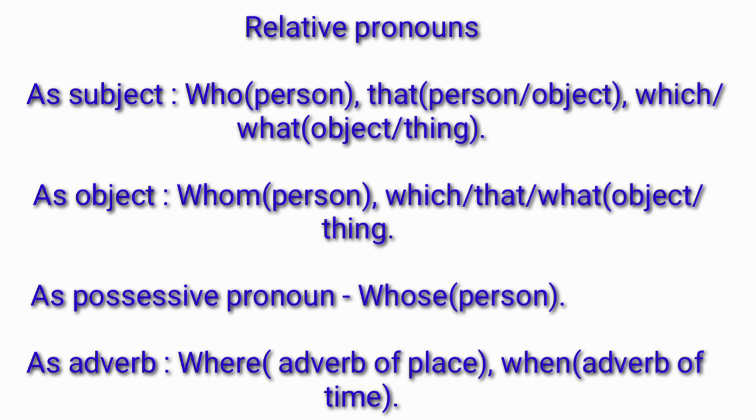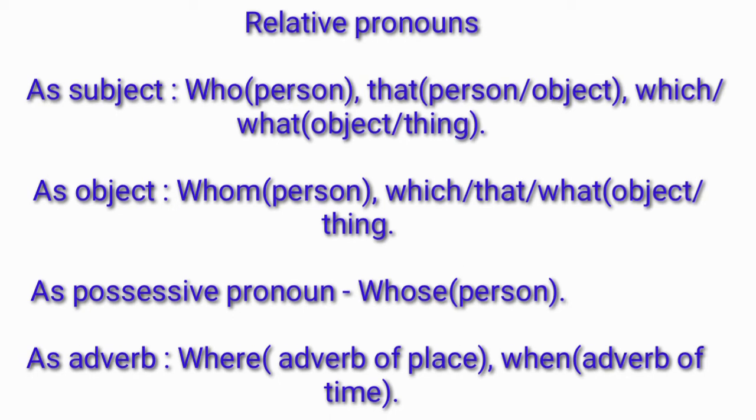As object: whom, which, that, what. Whom for person, which, that and what are for object or thing. As possessive pronoun: whose, only for person. As adverb: where for place, when for time.